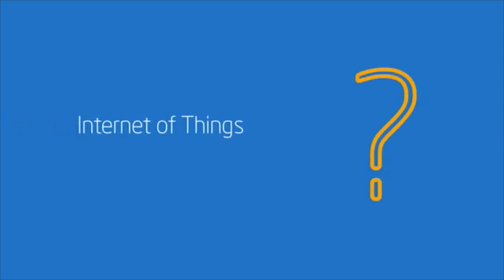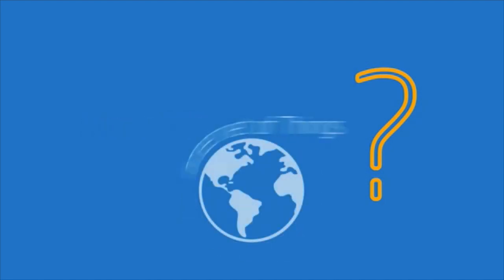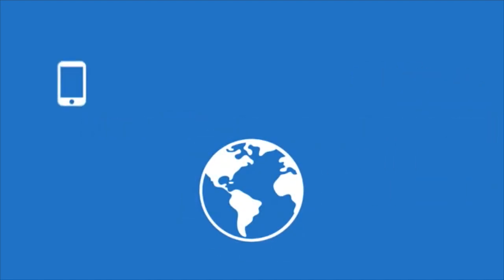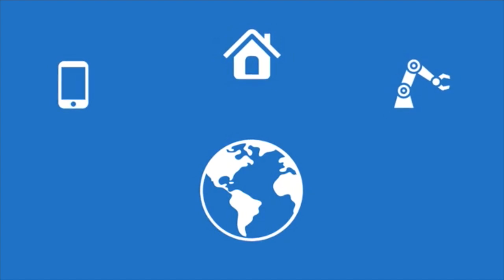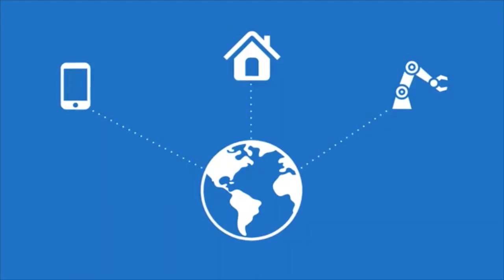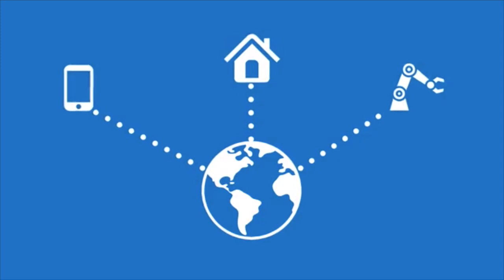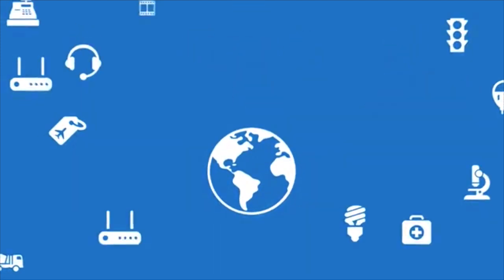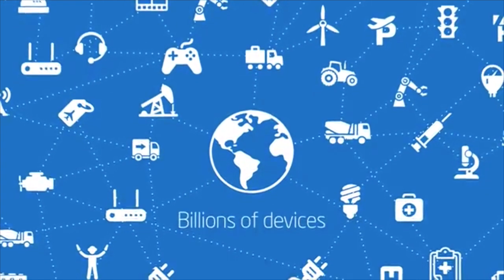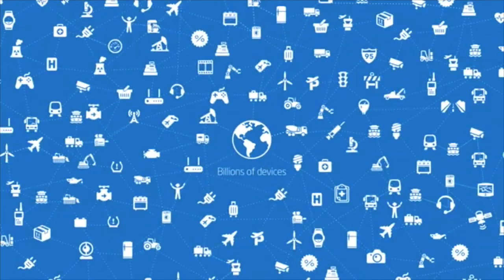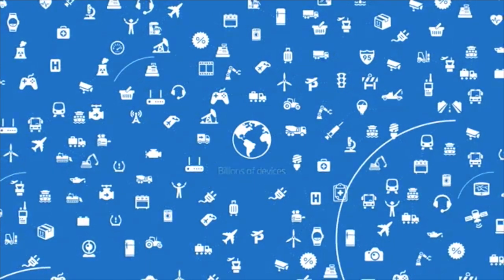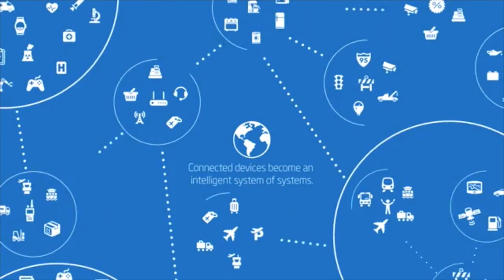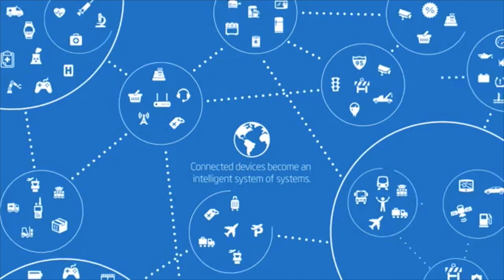By now, you may have heard the term Internet of Things. Sounds interesting, but what does the Internet of Things actually mean? IoT is an evolution of mobile, home, and embedded applications that are being connected to the internet, integrating greater compute capabilities and using data analytics to extract meaningful information. Billions of devices will be connected to the internet, and soon, hundreds of billions of devices. As related devices connect with each other, they can become an intelligent system of systems.